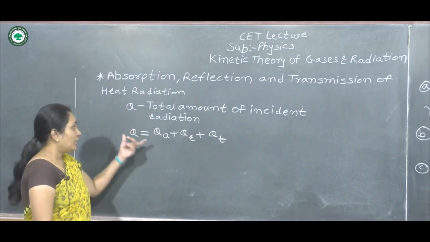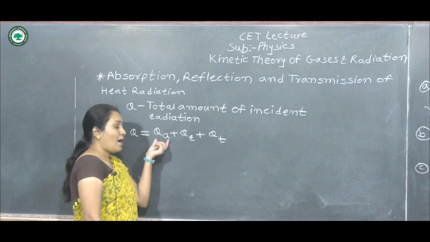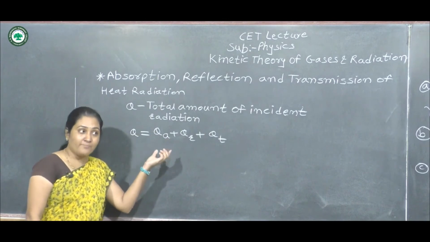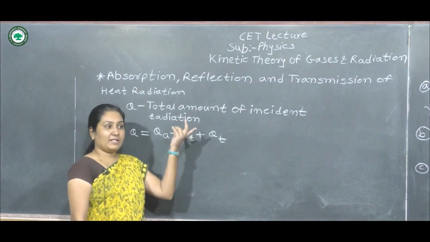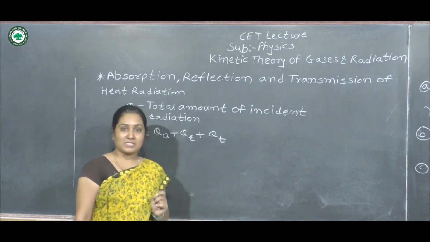That means the total incident radiation is equal to the amount of heat absorbed plus the amount of heat radiation reflected plus the amount of heat radiation transmitted.